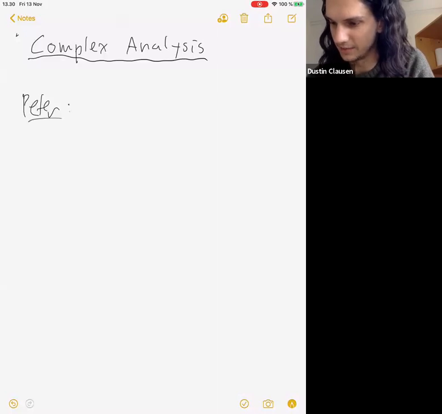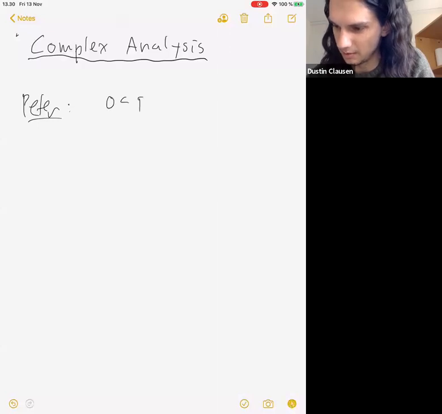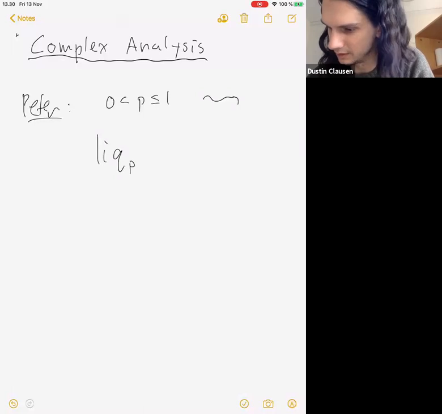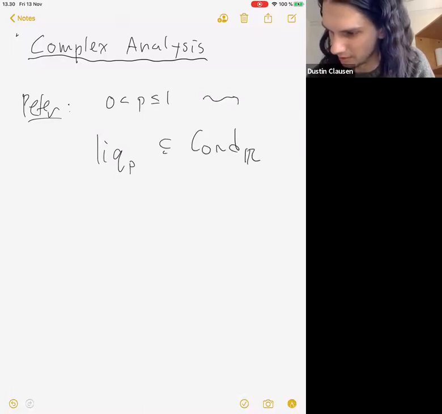In Peter's last lecture, he defined this, well, you have to fix a parameter p between 0 and 1, and then you get this liquid p subset of condensed R modules.